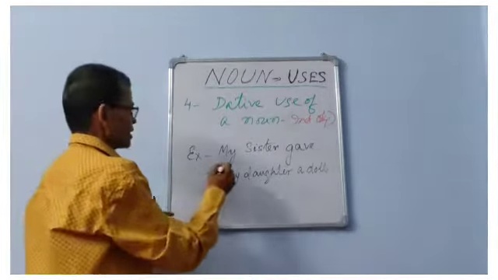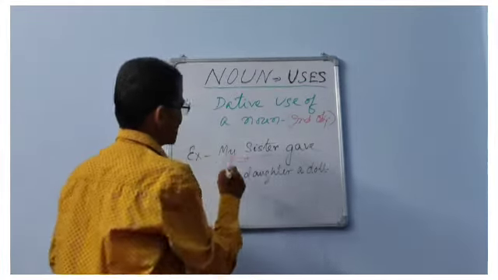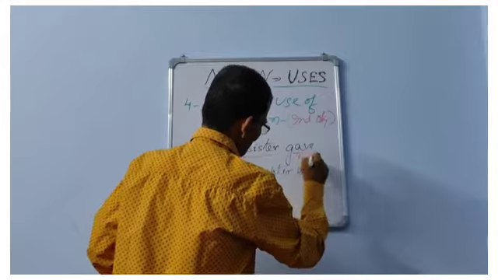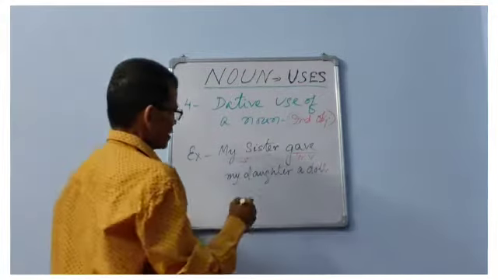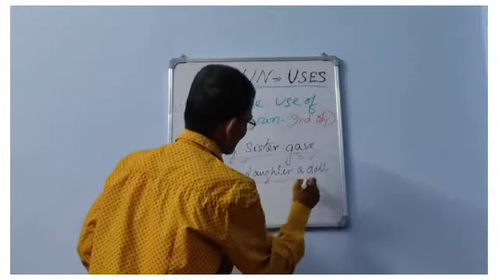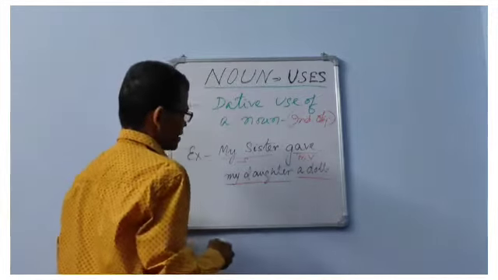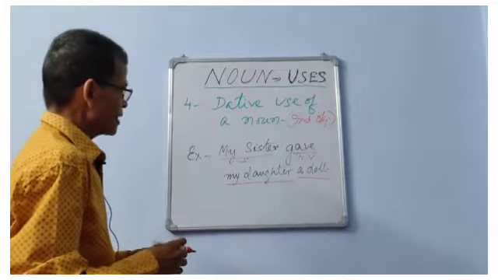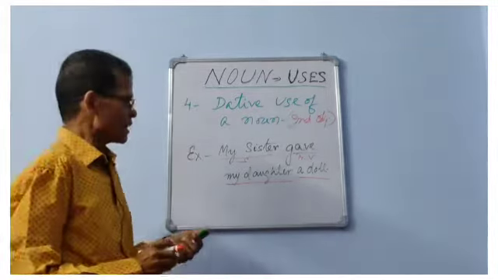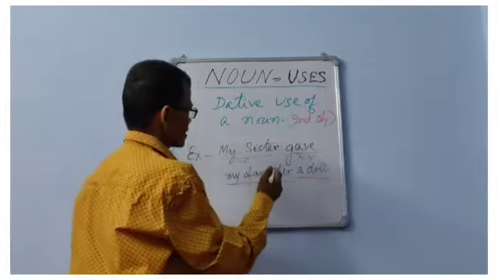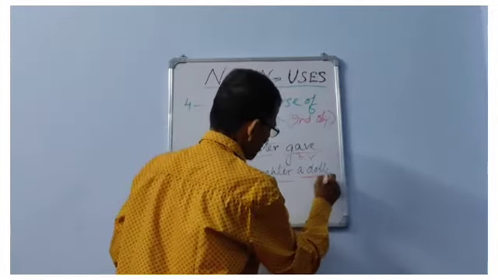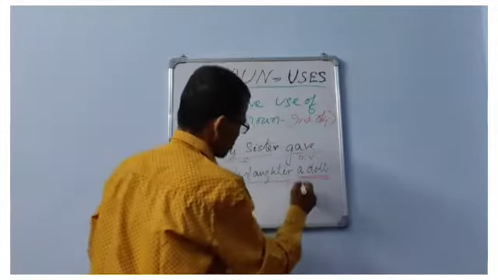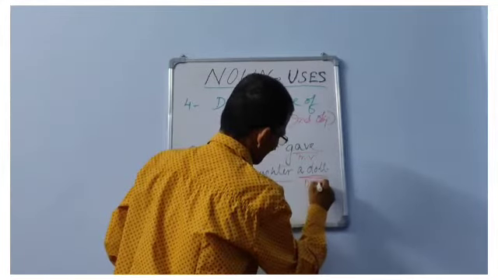Okay, now you see this is the subject and this is the transitive verb gave, and here my daughter and a doll. And you see it is very easy to find out which one is the direct object and which one is the indirect object. Now my sister gave a doll comes directly to complete the sentence, and therefore it is the direct object.